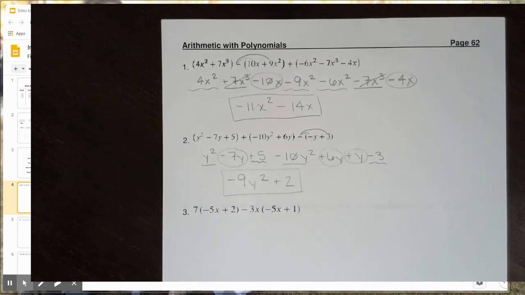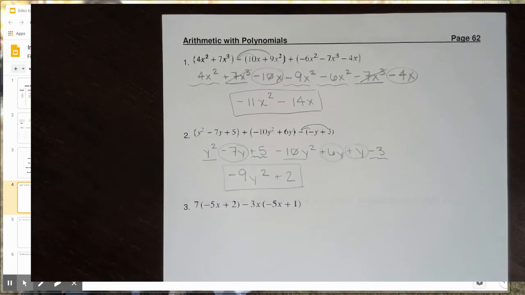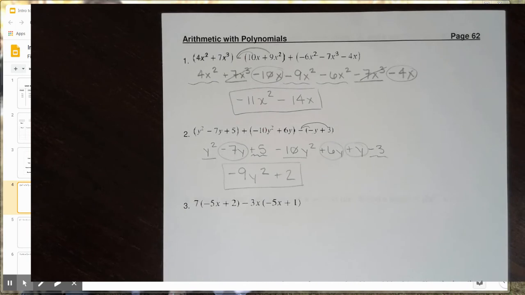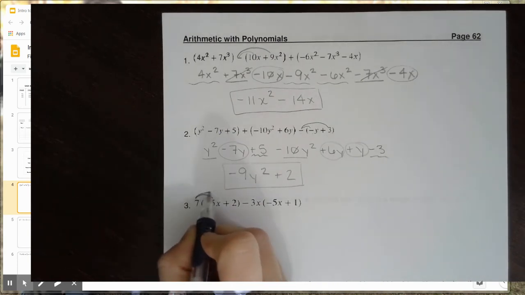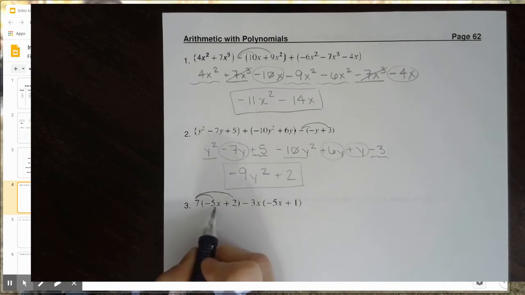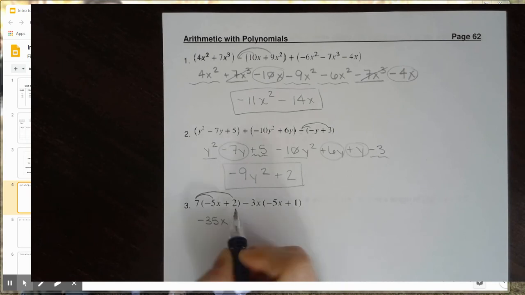Last but not least, now I'm not just distributing a positive or a negative, but I also have to multiply coefficients and constants. So when I distribute this, 7 times negative 5 gives me negative 35. The x will not change. 7 times 2 gives me plus 14.